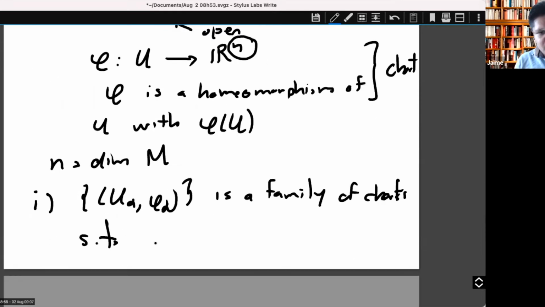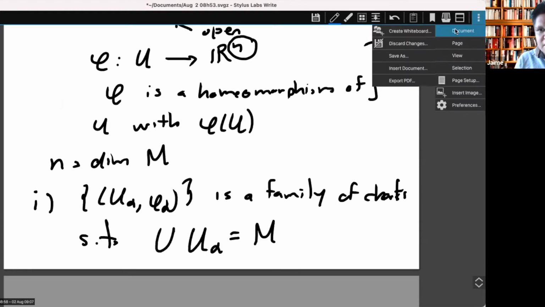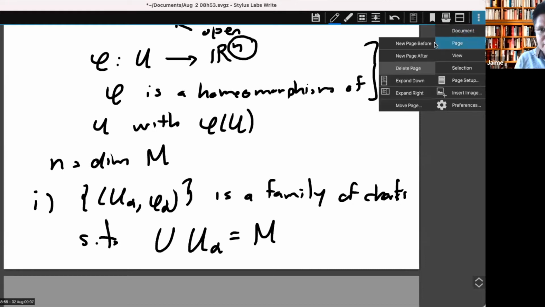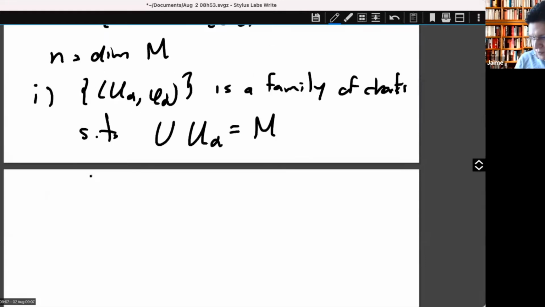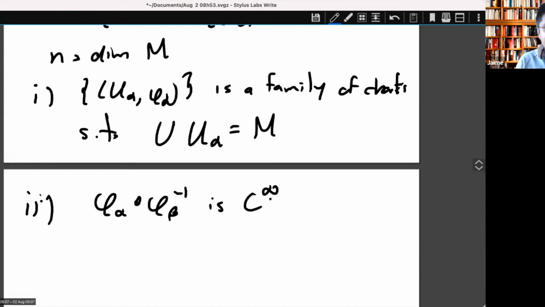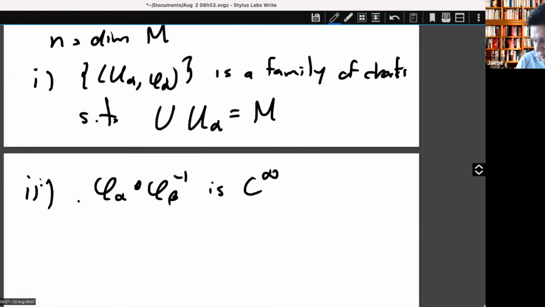Such that the union of these open sets gives you the whole M, and more importantly for us, that the composition is C infinity as a map from R^n to R^n.